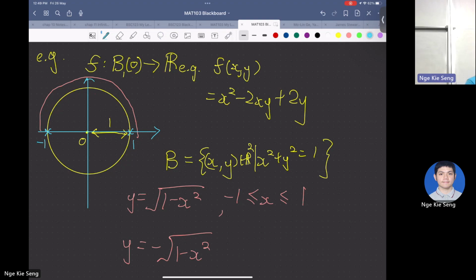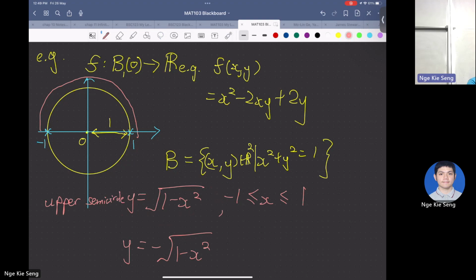My claim is, if I look at the x going from -1 to 1 and follow this function here, I will get the upper semicircle.